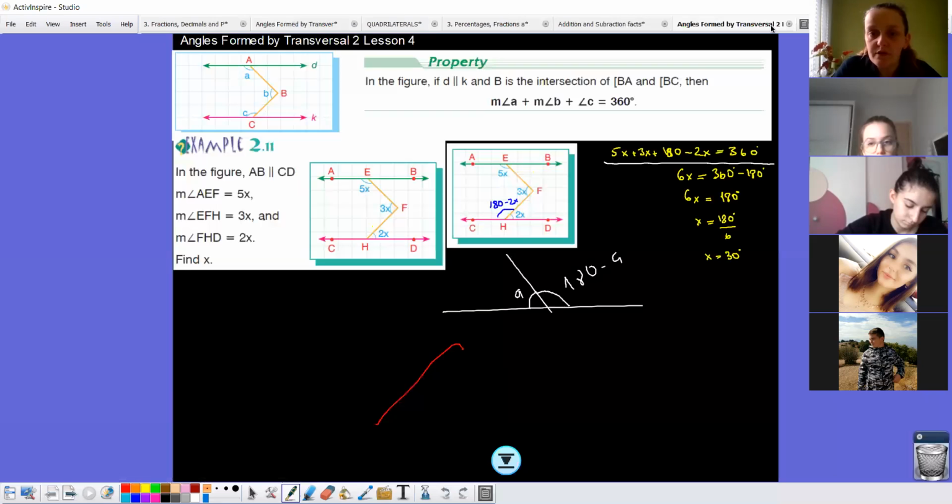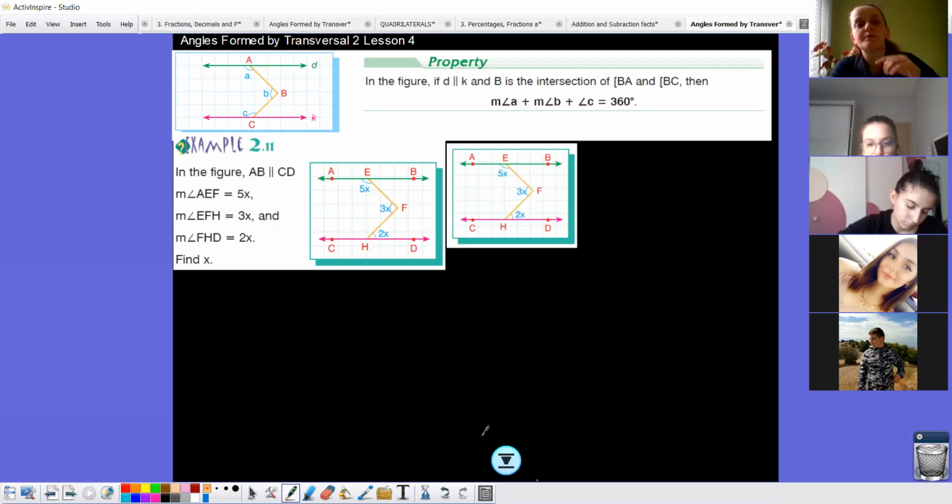Now we have some more properties about angles for a transversal. Here, as you see, we have another figure: two parallel lines, and three angles, A, B, C. In these kinds of figures, the sum of these angles will be 360 degrees.